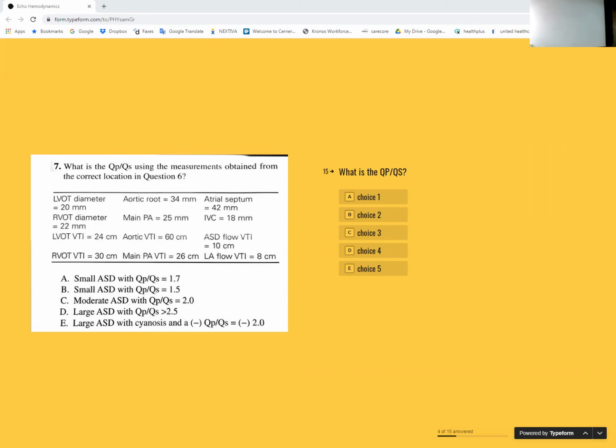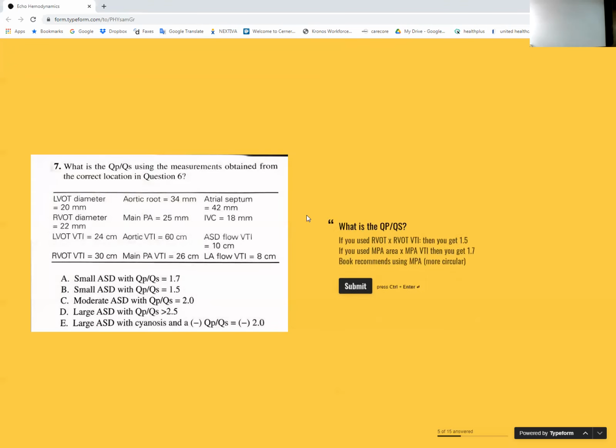I don't think you're going to get this kind of nebulous stuff on the boards. If you use the RVOT, which I did, you're going to get 1.5. And if you use the flow across the main PA, using 25 as your diameter multiplied by your VTI of 26, then you're going to get 1.7. So the answer is A for that reason.